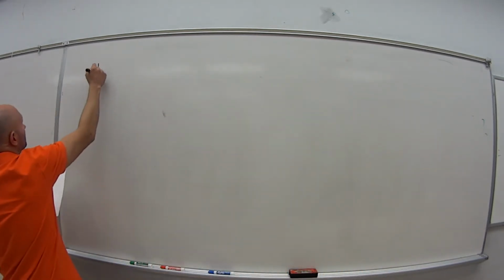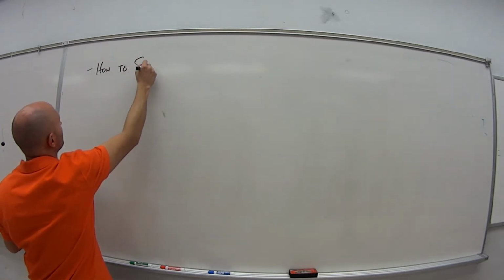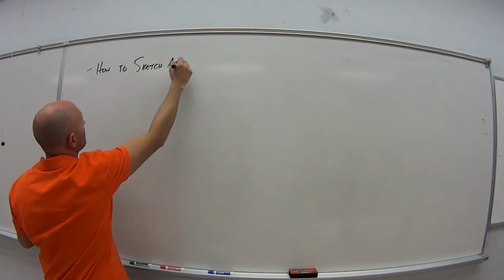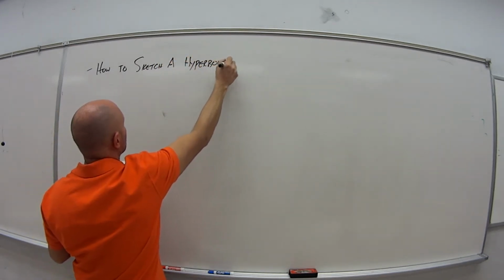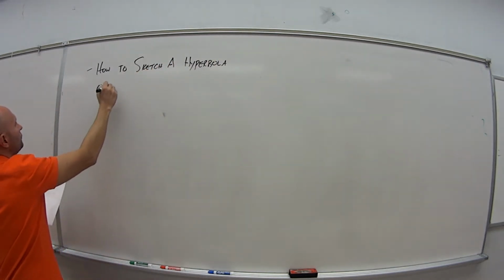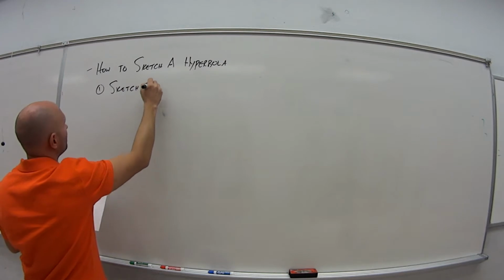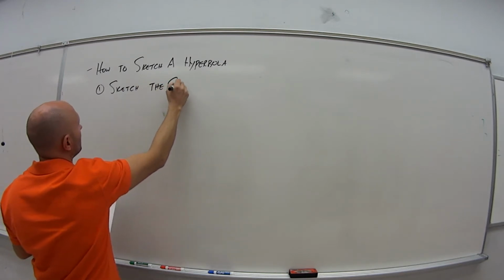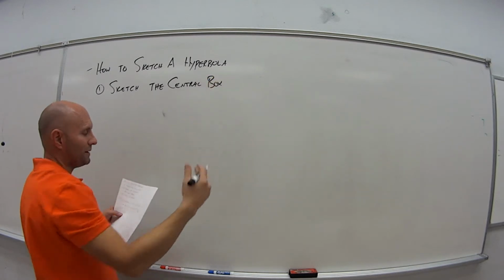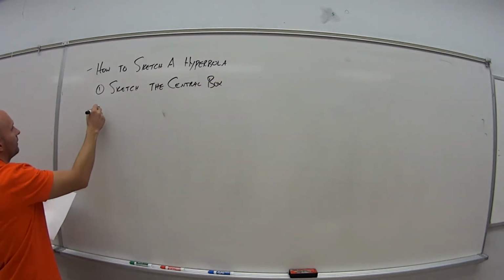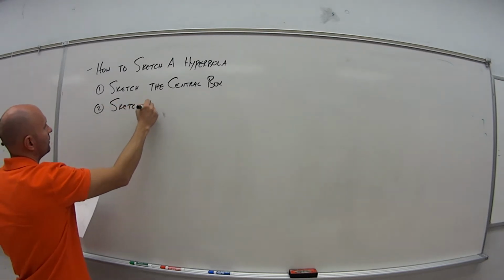So this is our steps on how to sketch a hyperbola. The first thing we're going to do is sketch what's called the central box. Once we do an example of this, we'll see what we mean by this idea of the central box. Step 2, we're going to sketch the asymptotes.